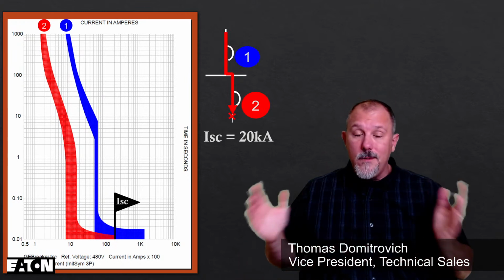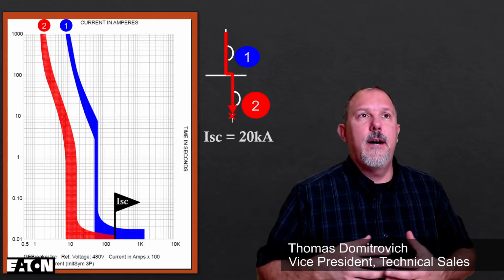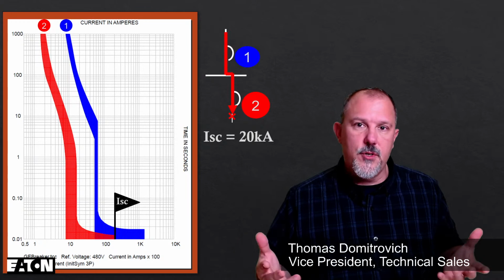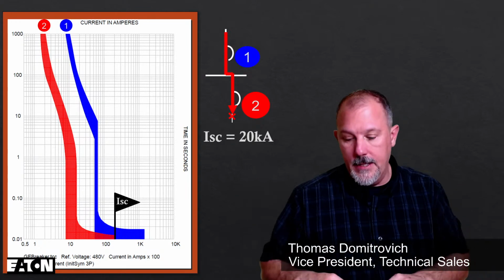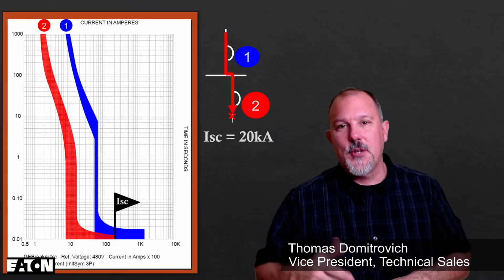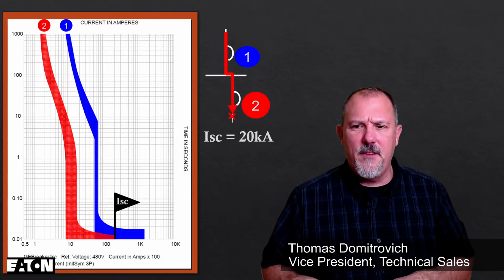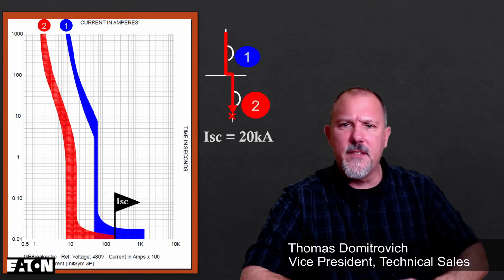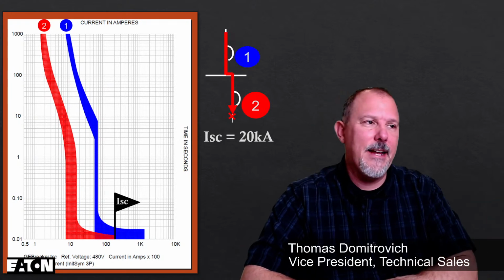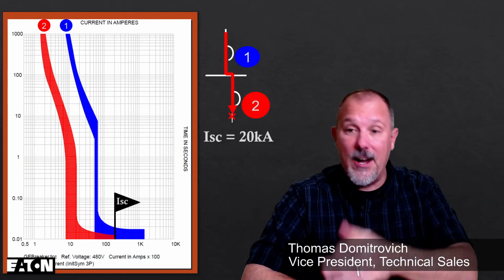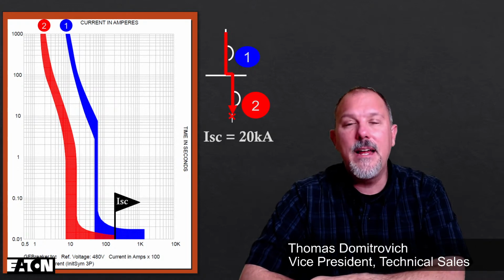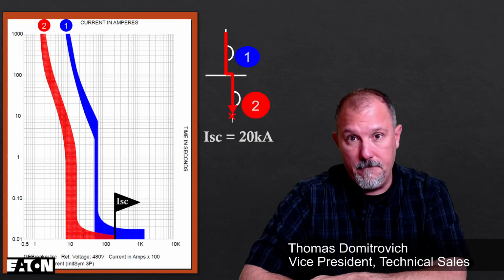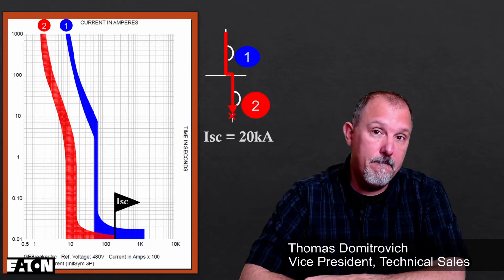For example, a while ago, I had issues with our zone selective interlocking clearing times that we were portraying. One of my competitors had a faster clearing time, and that's a competitive thing. Well, wait a second, how can their zone selective interlocking be faster than mine? And it all came into how we create these curves and the level of conservatism that's put into them.